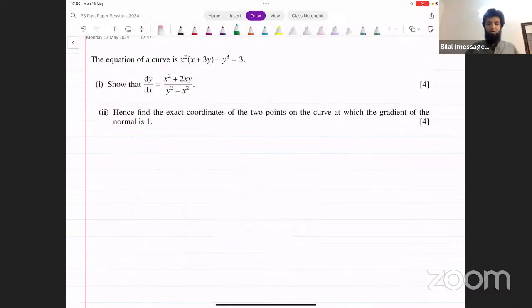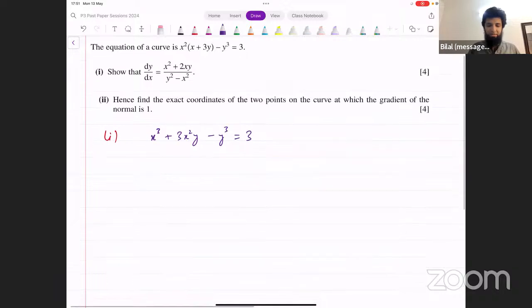Okay, so how do you differentiate this? It's going to become simpler if we simplify this equation first before differentiating, because otherwise we would have to apply a product rule on this whole thing. Before differentiating, I'm just multiplying these two terms, and that's going to give me x cubed plus 3x squared y minus y cubed equals 3.